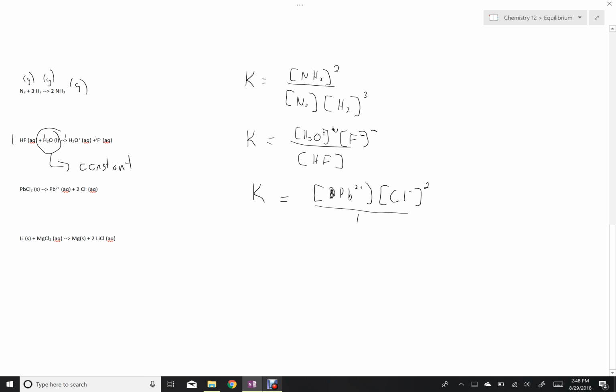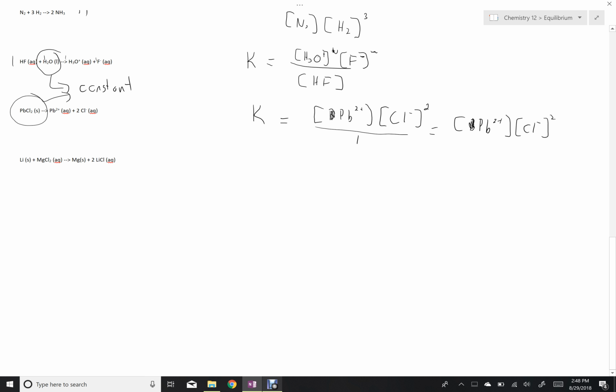I mean, I can go like this over 1, because the salt, lead chloride as a solid, has a constant concentration, and so we don't include solids. So this is just this equilibrium statement here.